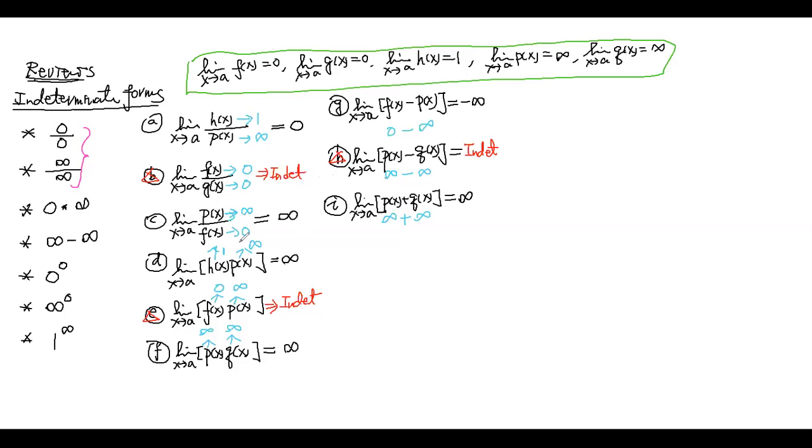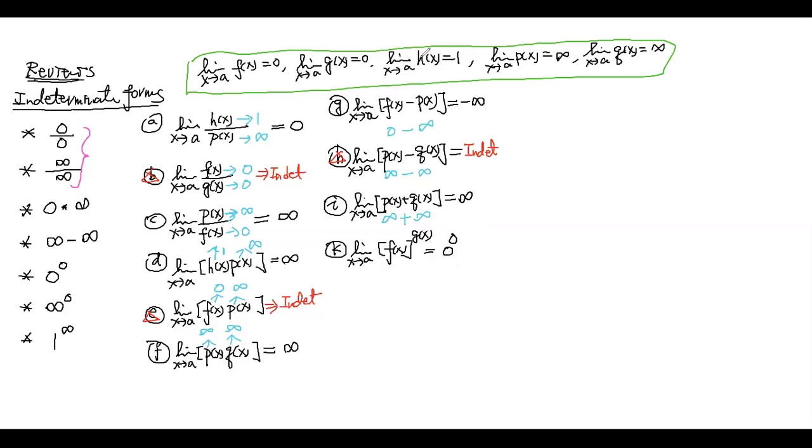Now let's take a look at K. K is the limit as x approaches a of f(x) to the power g(x). Here, as x approaches a, f(x) equals 0 and g(x) equals 0.